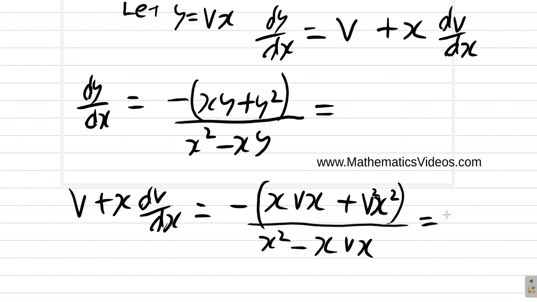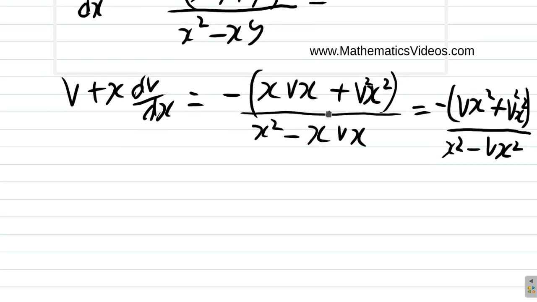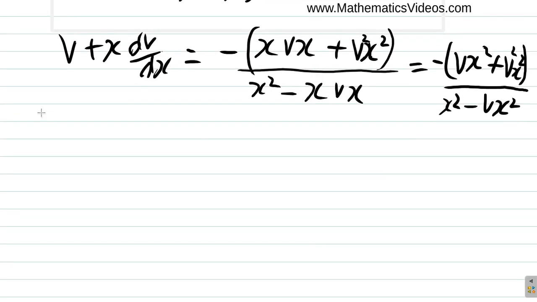Now that gives us negative, say, vx squared minus v squared x squared over x squared minus vx squared. Okay. Plus. Why did I write minus here? Plus v squared x squared.